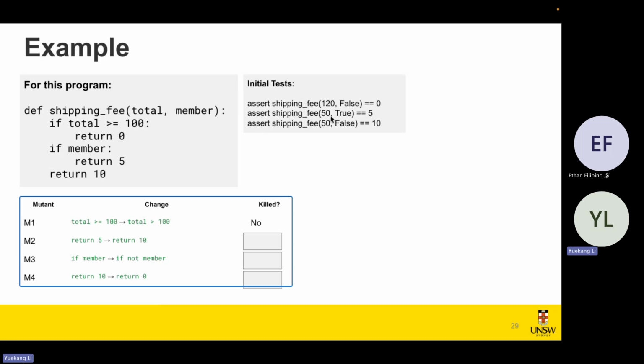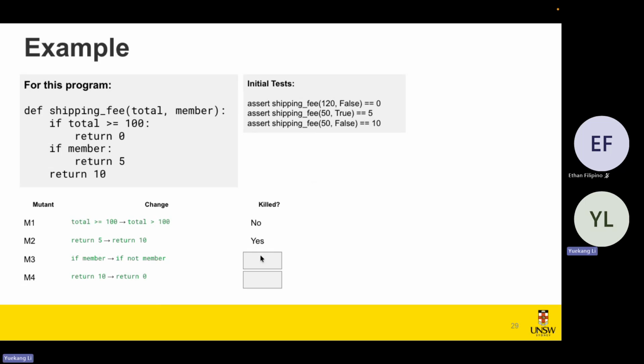For the original program, the second test case is going to trigger this return 5 behavior, right? And we replaced this statement with return 10. So on the mutant, the second test case will return 10 instead of 5. And the return values are different on the original program and the mutant. So the second test case will fail. So it could be killed.